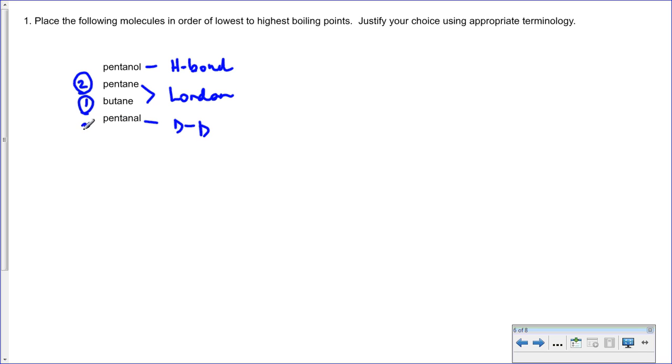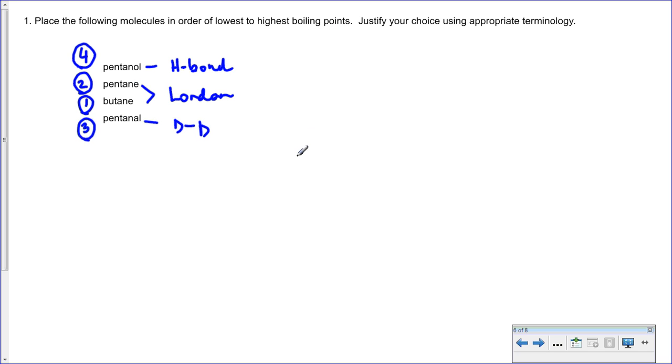Next on our list, we would expect to see pentanal. Pentanal having dipole-dipole forces, they're a little bit stronger than the London forces holding pentane molecules together. And finally, we would expect pentanol to have the highest boiling point because of its ability to hydrogen bond, which is the strongest of the three types of intermolecular forces.